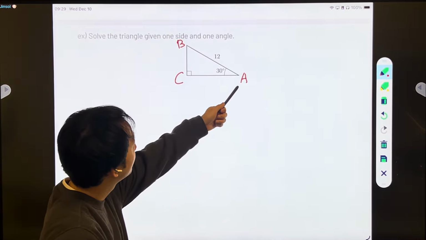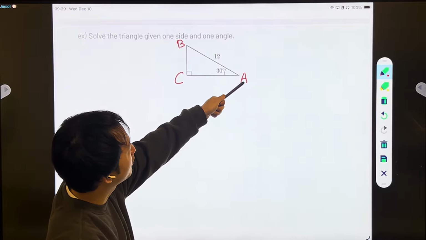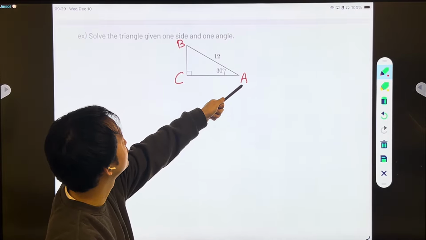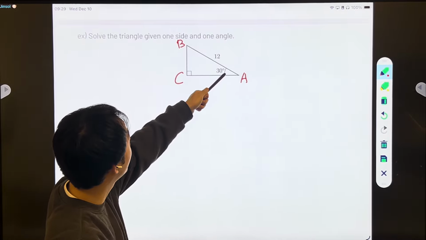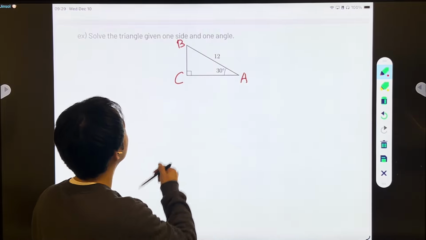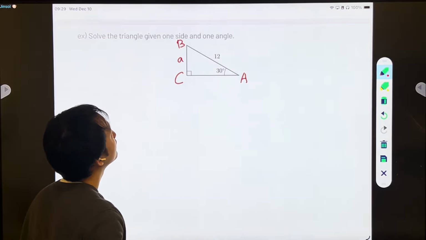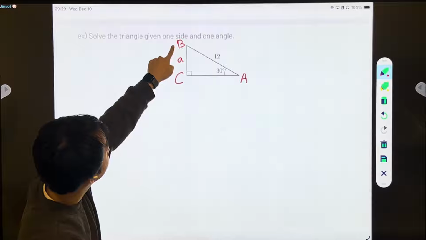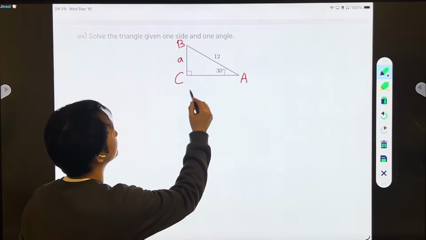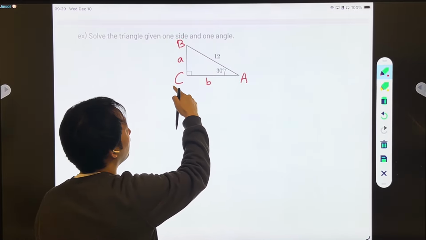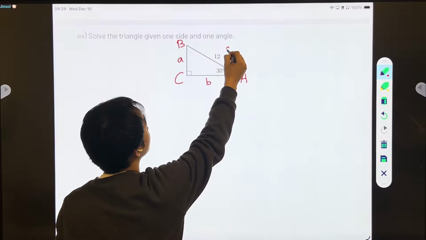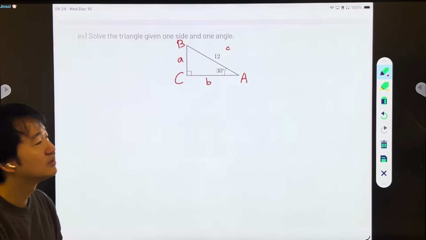So for example, the bottom right-hand corner, we have an angle A, which means that opposite of A will be a lowercase a. Opposite of B is the lowercase b. Opposite of C is the lowercase c.